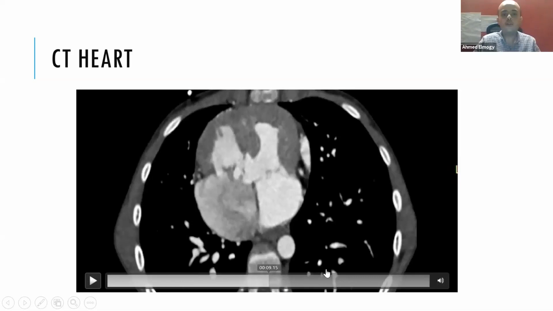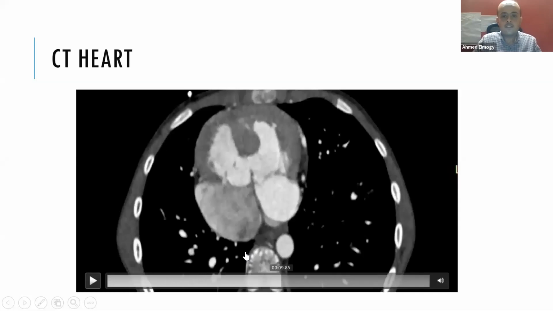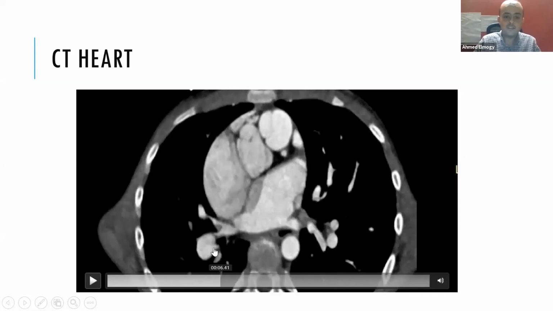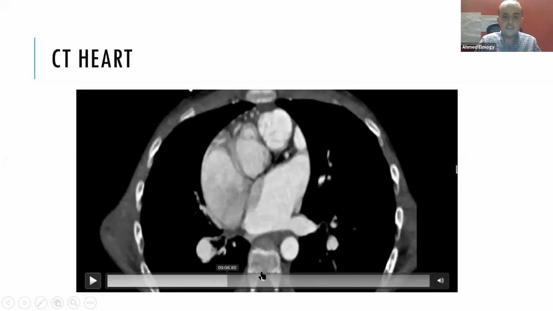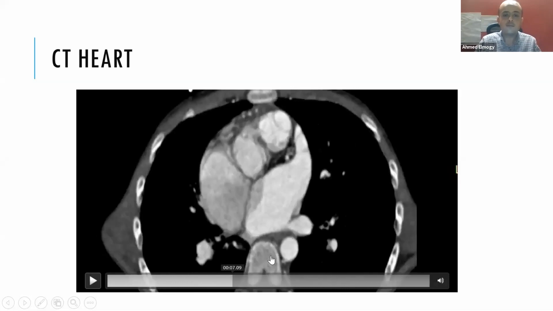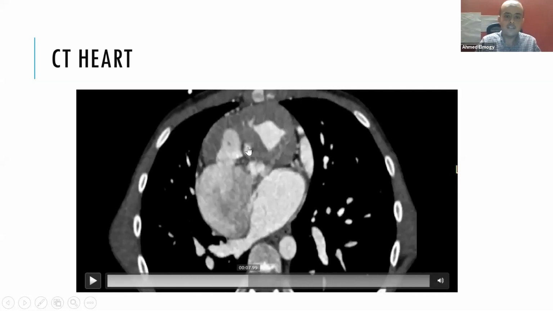Now we see the ventriculoarterial connection, and we can look here: the aorta is anterior and to the left, and it's arising from the morphologic right ventricle, and the pulmonary artery is arising from the morphologic left ventricle, giving rise to both pulmonary arteries. What is very evident in here is both pulmonary stenosis and pulmonary dilatation.